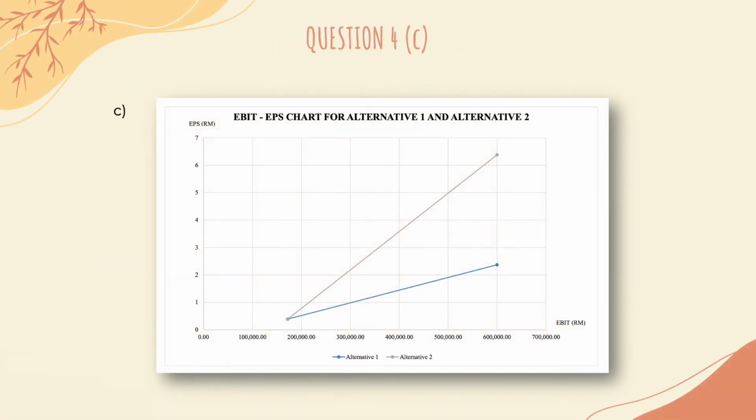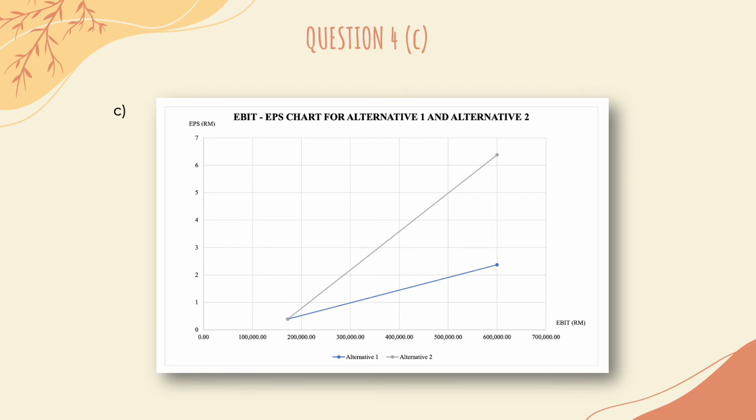Question 4C. Using the above information from 4B, plot the points on the graph paper and also show the point of indifference. Over what range of EBIT is each structure preferred? For this question, I've plotted two EBIT values: the first is from question 4A and the second is the one I will show for the next question, which is 600,000 ringgit of EBIT. As you can see from the graph, the blue line is for alternative 1 and the grey line is for alternative 2.